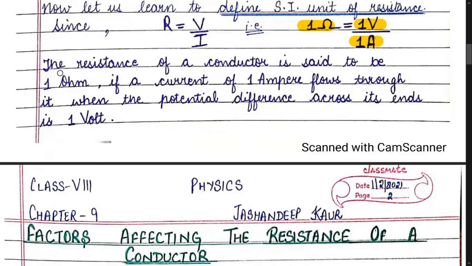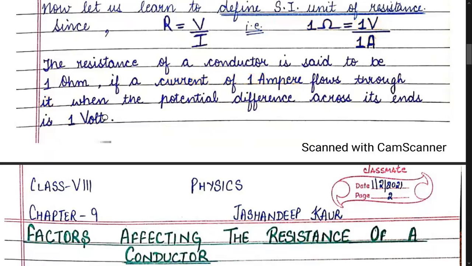So children, the resistance of a conductor is said to be 1 ohm if a current of 1 ampere flows through it when the potential difference across its ends is 1 volt.